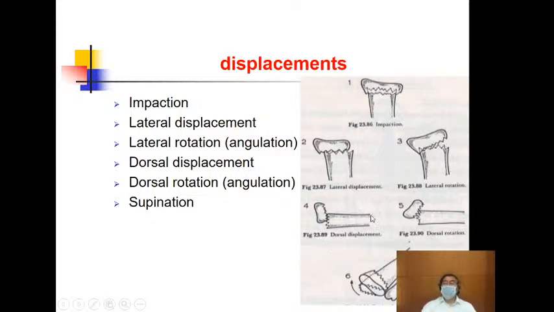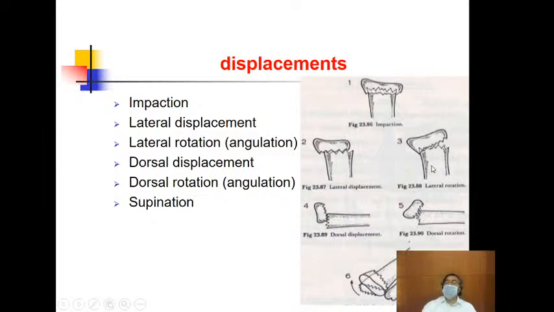Coming to the dorsal displacement, all of us have seen that in Colles fracture, there will be a dorsal displacement. So there may be a dorsal displacement, a dorsal tilt, a lateral displacement, and sometimes maybe lateral rotation or tilt. So dorsal displacement, dorsal tilt, lateral displacement, lateral tilt or lateral rotation.